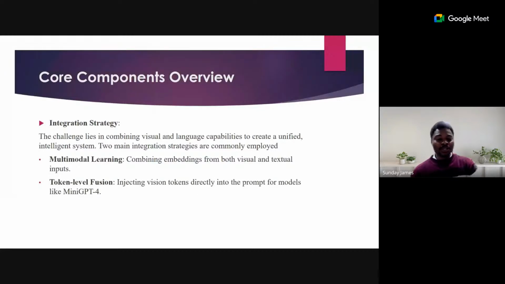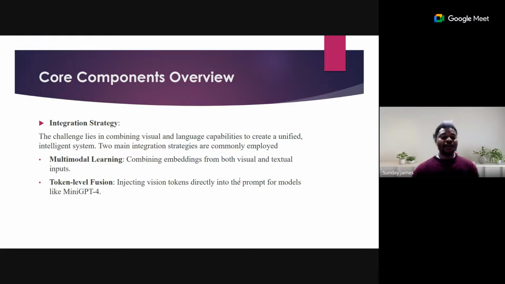When we talk about multimodal learning, this is when a robot learns from a combined set of training. What do I mean by combined set of training? This involves jointly training and combining visual and language embeddings.